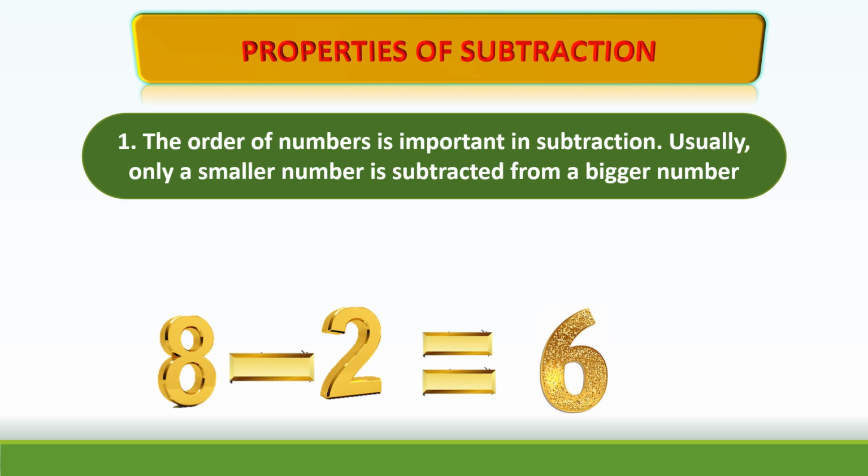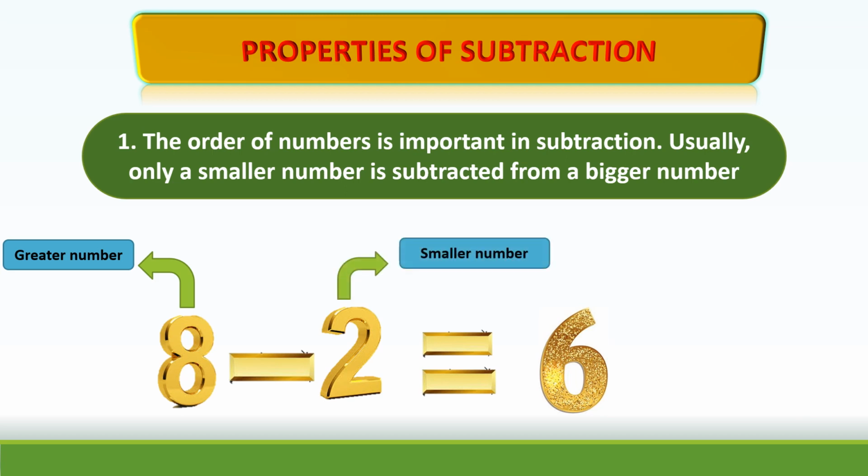What did you observe here? What is 8? 8 is a greater number, or we can say it is a bigger number. And 2 is a smaller number. When we take away a small number from a greater number, the answer we get is 6. That is called as the difference.